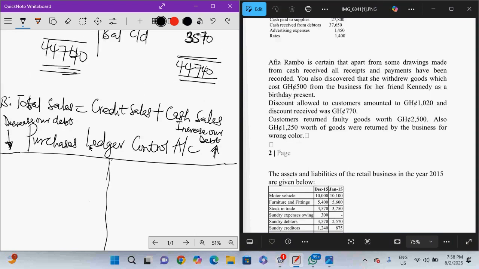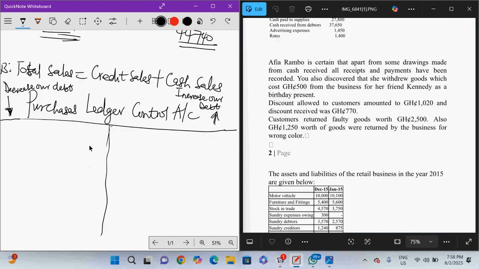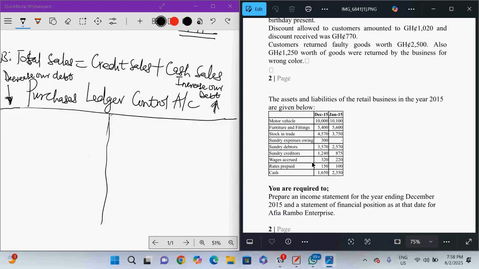Purchases is the same as creditors, and sales is the same as debtors or receivables. So sundry creditors, what do we have?